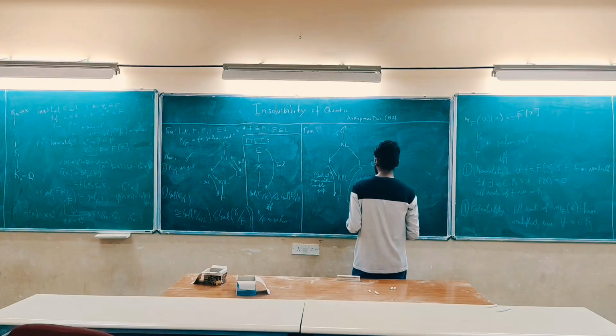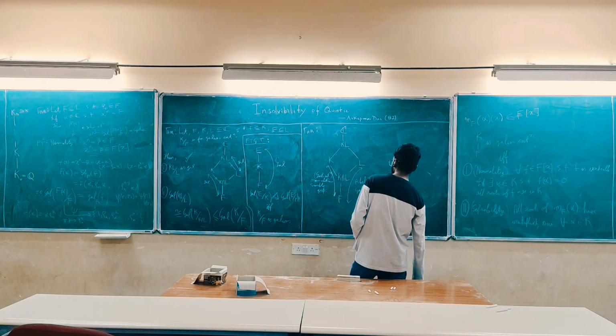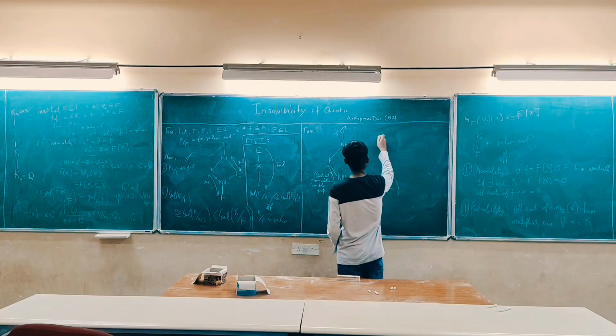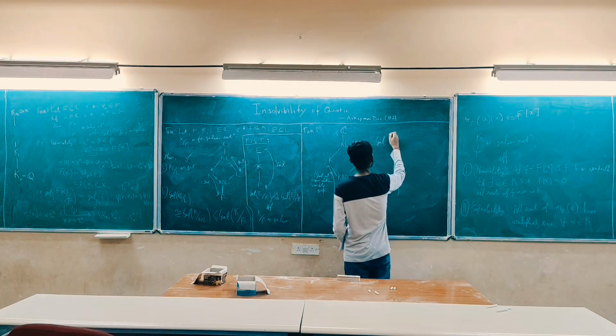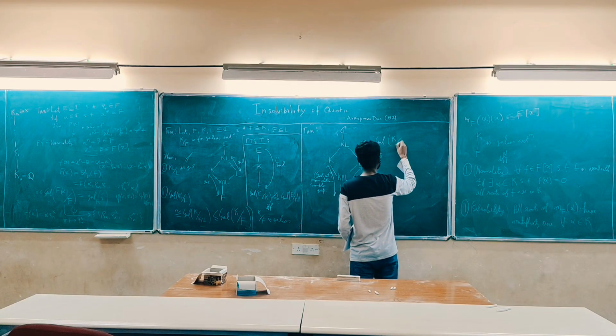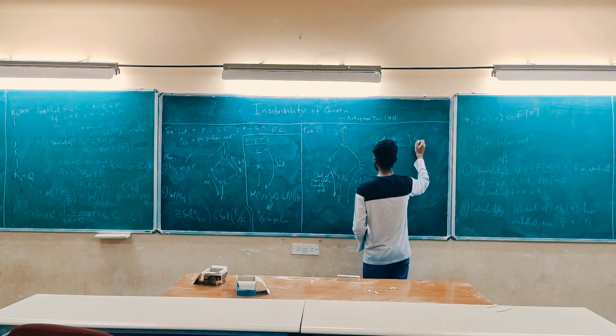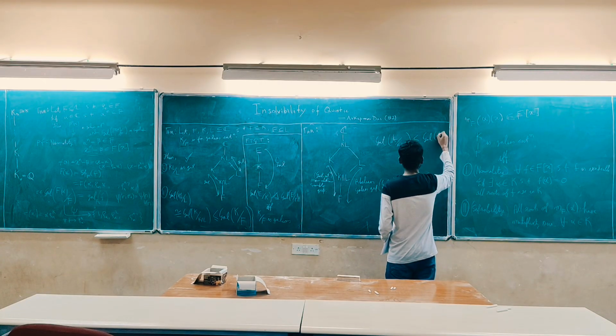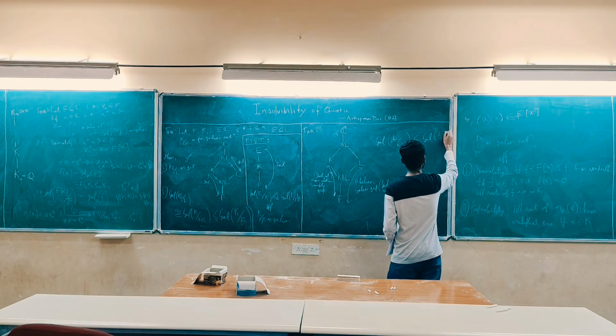So, using FTGT, if this is an abelian Galois group, then Galois group of L over, Galois group of, this is given.